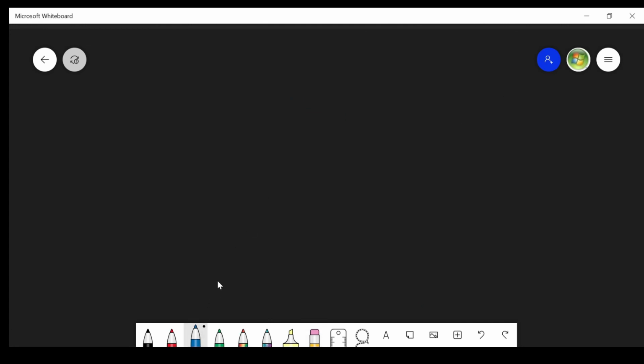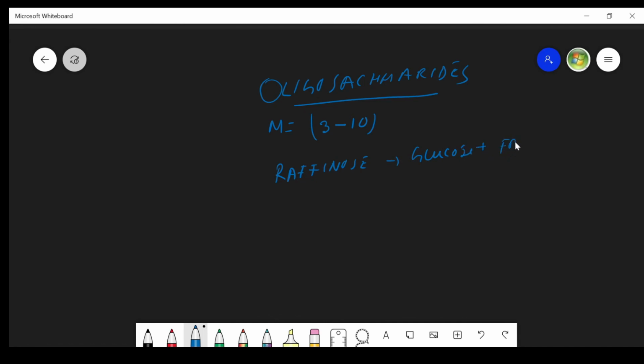Now let's see oligosaccharides. Oligosaccharides means the number of monosaccharides will vary from 3 to 10. For example, raffinose. It is made up of glucose plus fructose plus galactose.